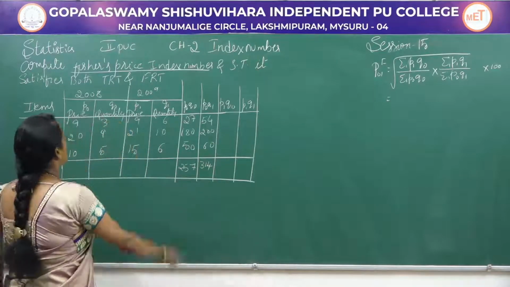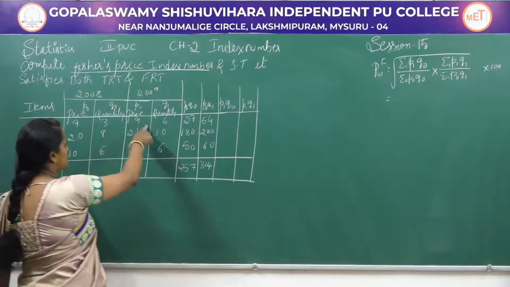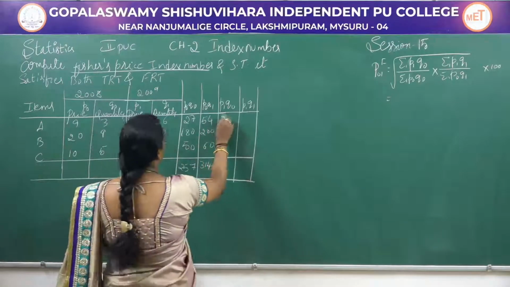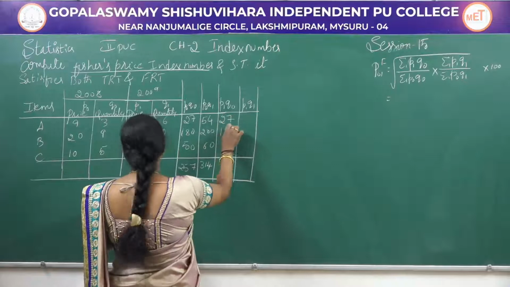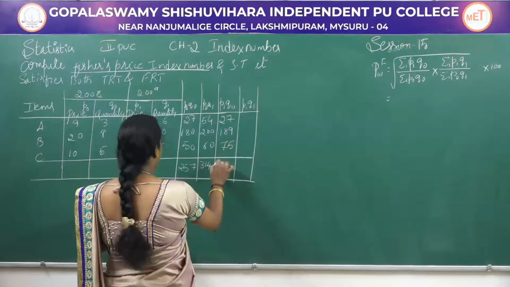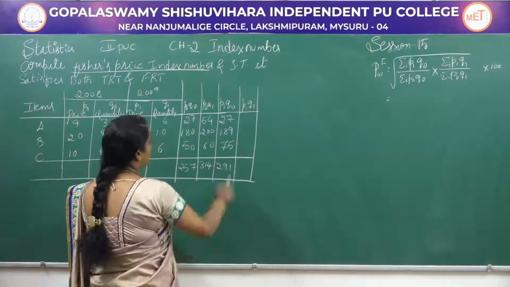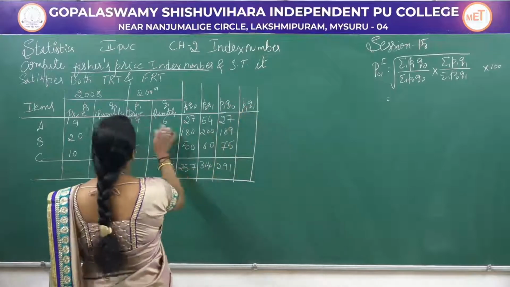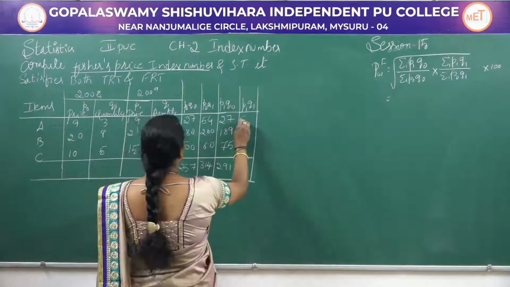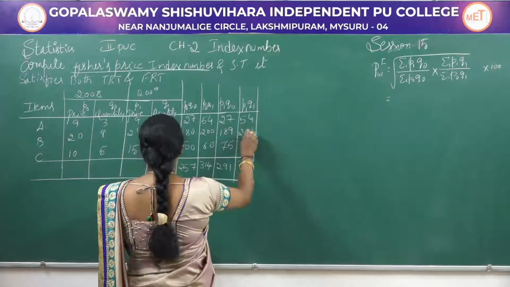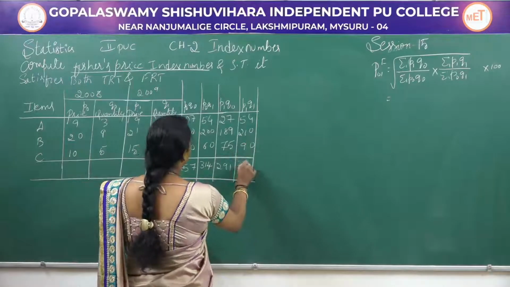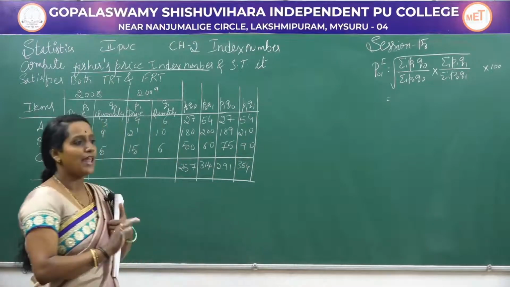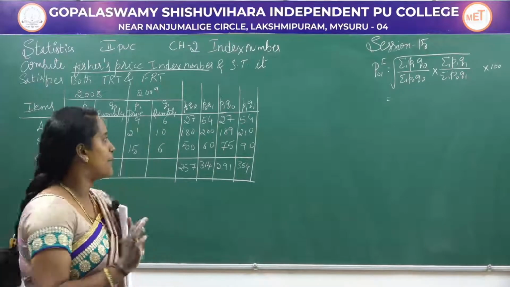Next, P1 Q0: 27, 189, 75, and the total is 291. Next, P1 Q1: 54, 210, 90, total 354. So now we have completed the table.